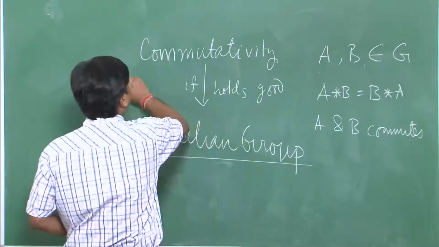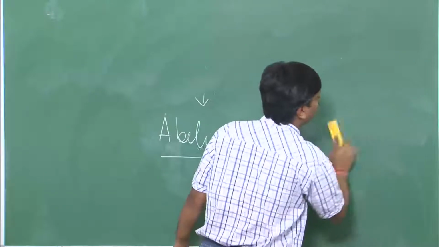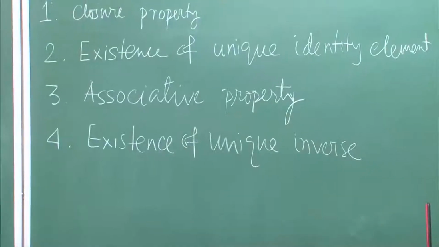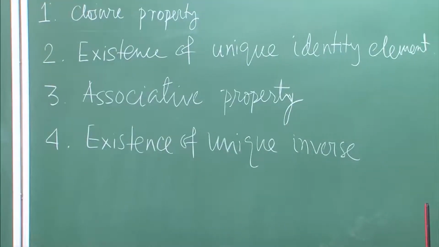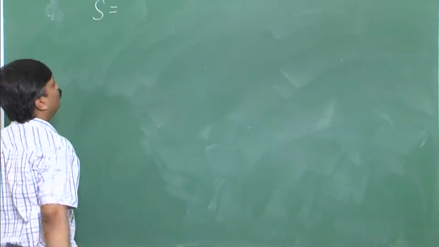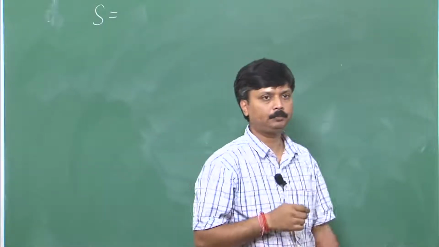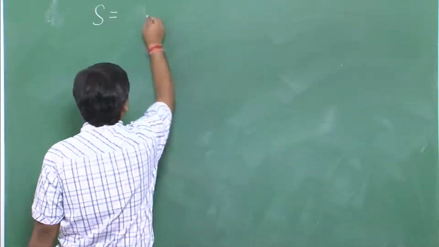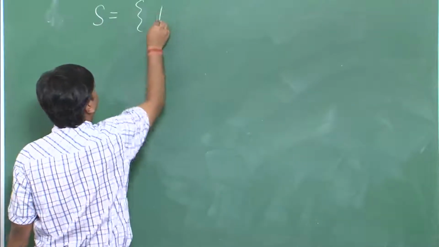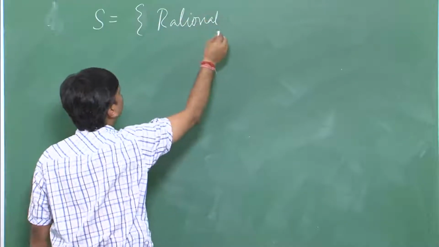Now let us take some actual example, and then try to find out if we really understand this topic. So let us define a set S which contains all the rational numbers.